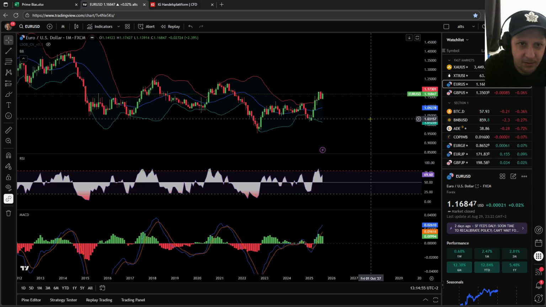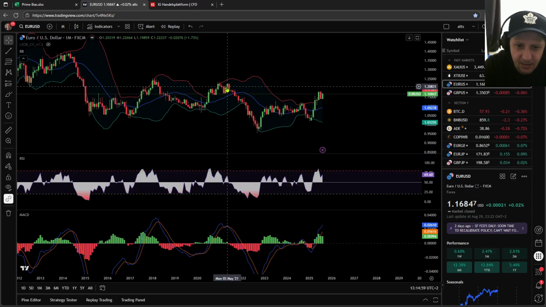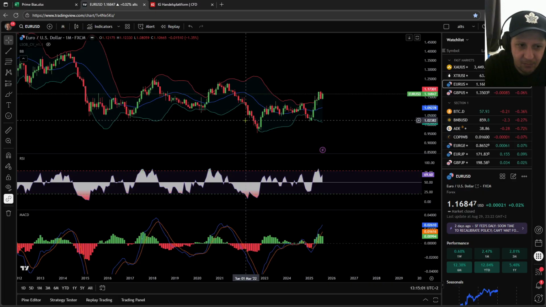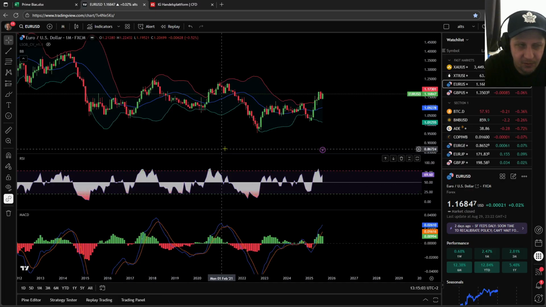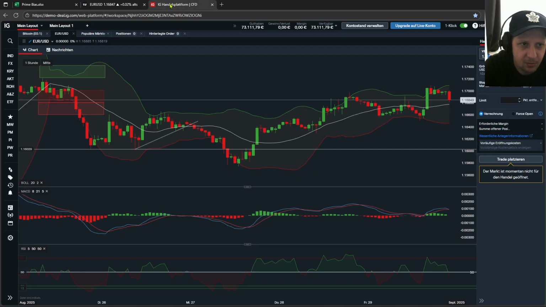So let's get into it. And by the way, if you don't have a paid version of TradingView, because on the free one you can only use two indicators, you can go into ig.com. You don't have to write this, and you make an account for a demo.